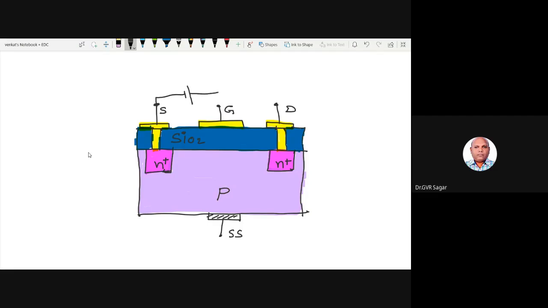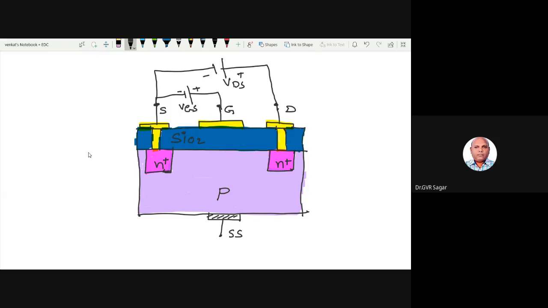Here, there is a thing you have to observe. The gate to source is positive, and the drain terminal is always positive. This is called VDS, and this is called VGS. Now VGS is a positive voltage in this one.